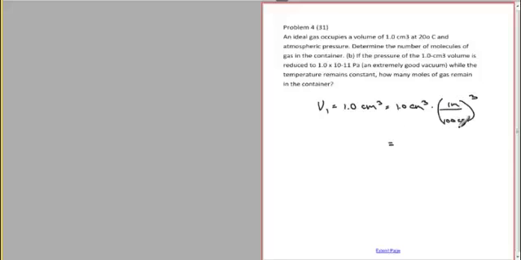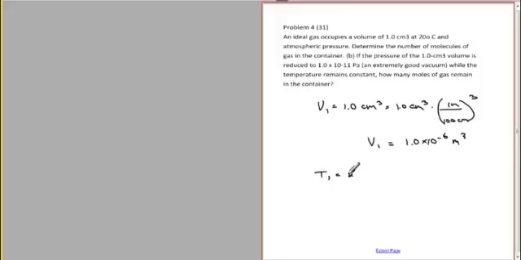So we're going to divide by 100 cubed. So 1 divided by 100 to the third power. The volume V1 is equal to 1.0 times 10 to the minus 6th meters cubed. Actually, did I cube it? Yeah. Meters cubed. Okay, so that's V1.